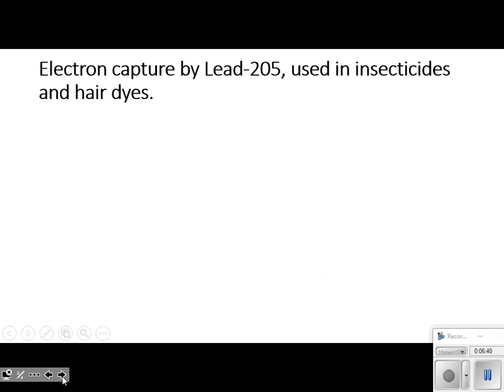Good. Here is the third one, the electron capture. So go ahead and write your general equation for the electron capture. We have the electron capture by lead-205, used in insecticides and also in hair dyes. Lead-205, ladies and gentlemen. My generalized equation is as so.